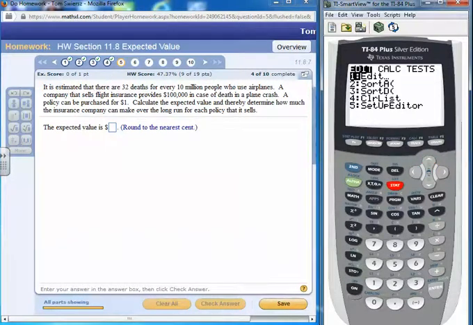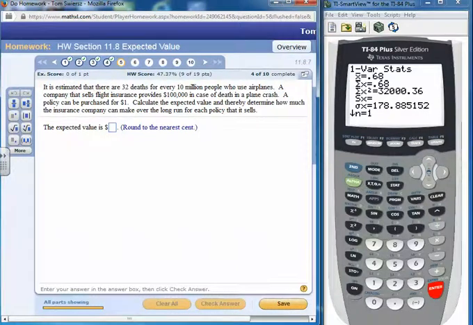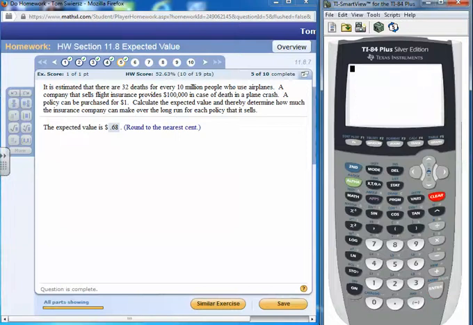We go to Stat, we go to Calculations, and then remember, you put in L1 for your list, and then the second line is L2 for the frequencies, and then hit calculate. If you have an older version of an 84, 83, you put in L1, comma, L2, and you get 0.68. So the expected value is going to be 68 cents, 0.68. Okay? Now, we could have also used our calculator, each outcome times its probability, right?